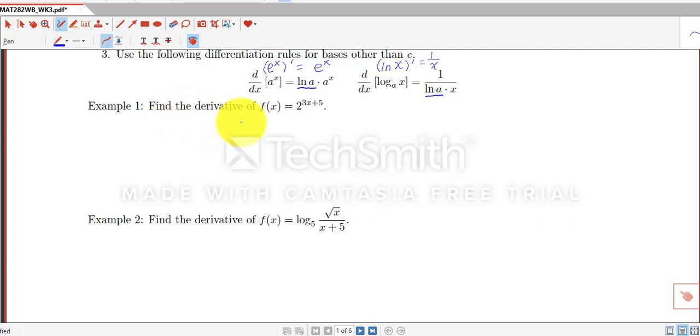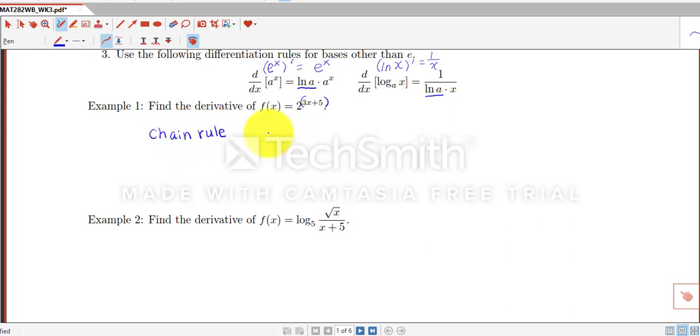So example number 1, find the derivative of f of x equals 2 to the 3x plus 5. We notice it's a composite function. It's an exponential function composed with the function 3x plus 5. So we know we will need to use the chain rule.